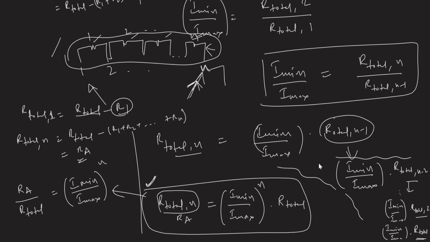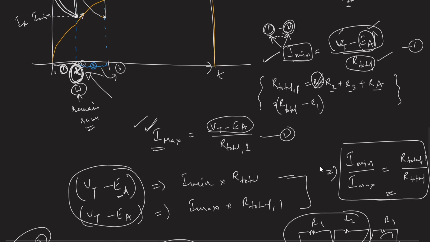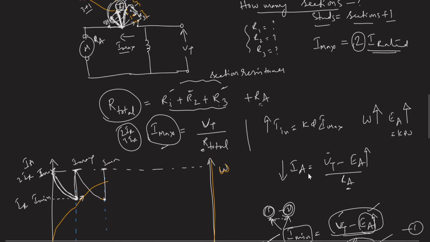Okay, so I know Ra. Suppose I know R total as well, because I am trying to limit the current to the maximum, that is 2 times the rated or 3 times the rated current.